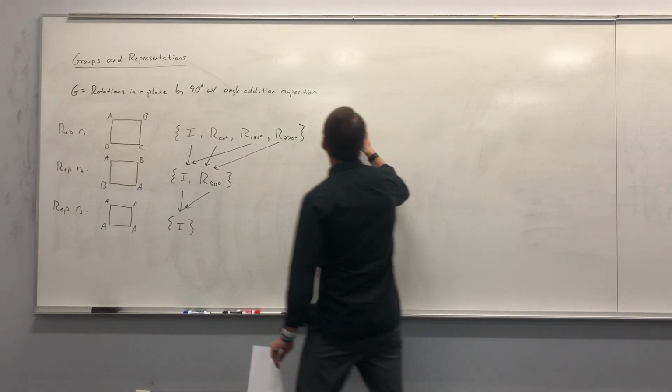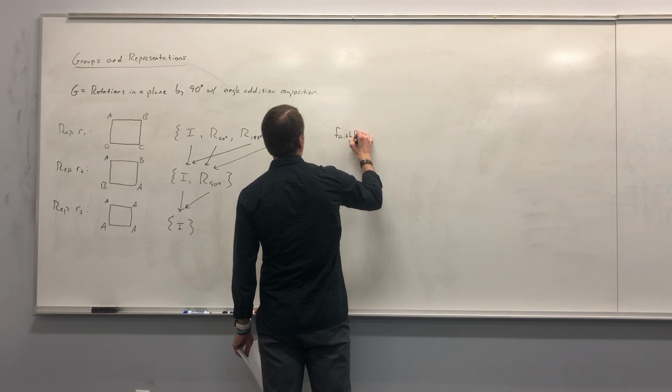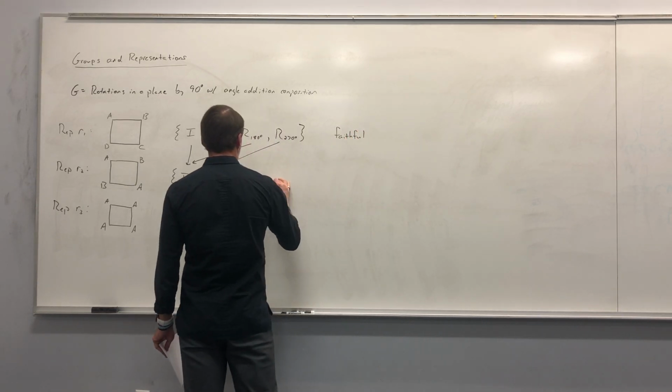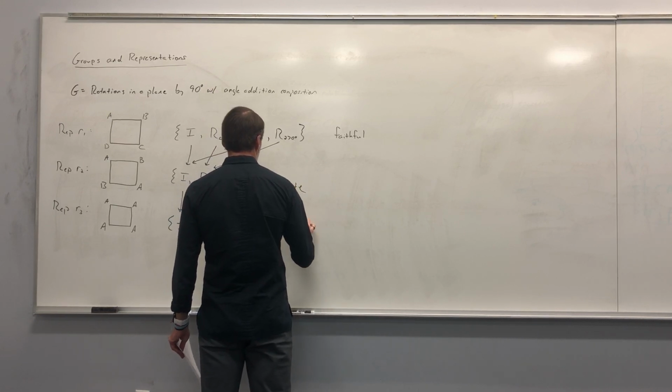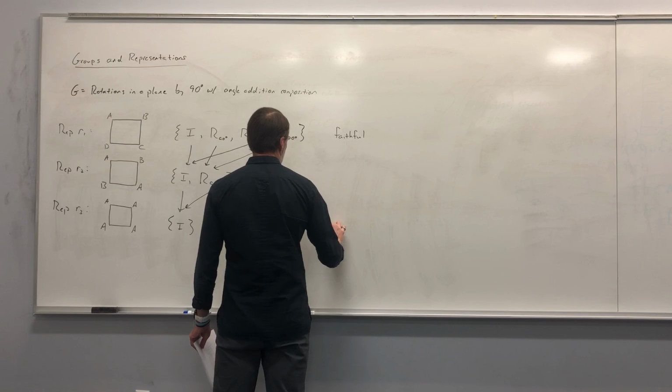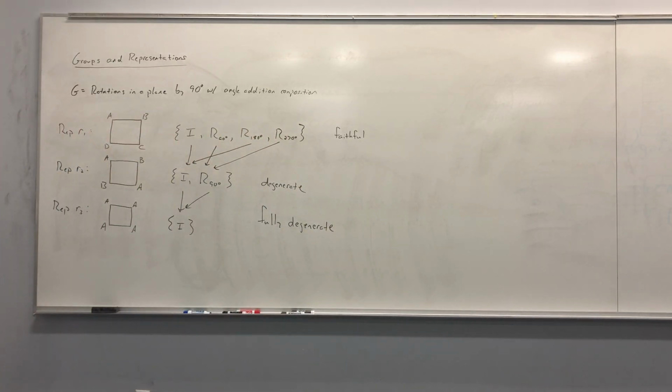This representation is what we call faithful, degenerate, and fully degenerate. The word faithful just means if we want to completely capture all the different elements of the group, we need a faithful representation. All right? If you're working with degenerate representations, you're not going to get the full flavor of the group because our elements might get mapped into duplicate elements. All right?